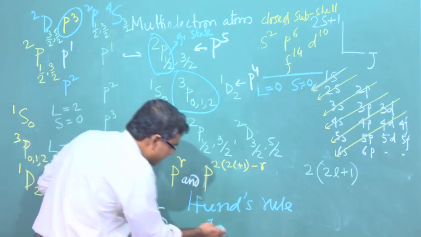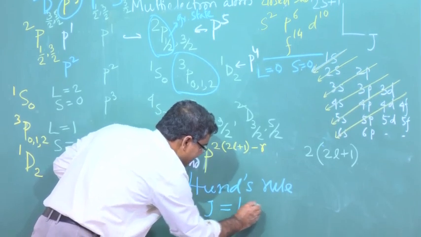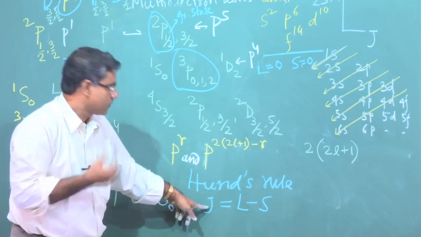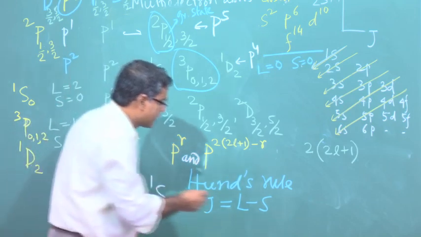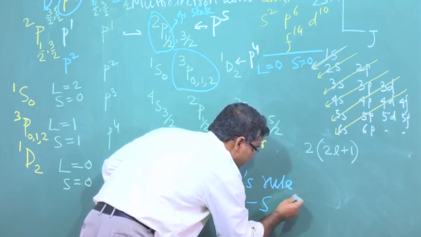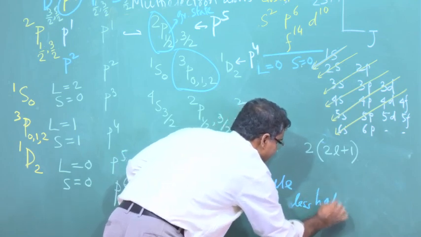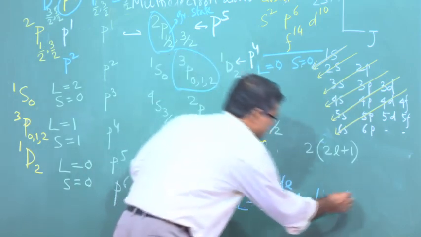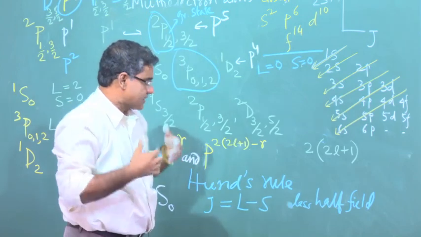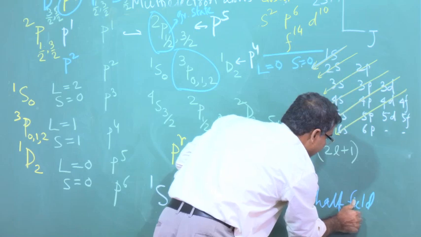So which J value, L minus S, that will be the lowest energy state for a less than half filled shell, when the shell or subshell is less than half filled.